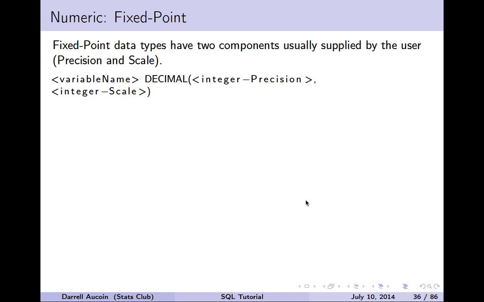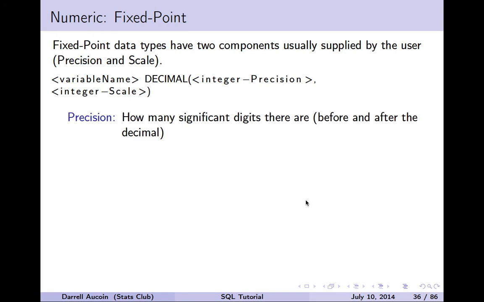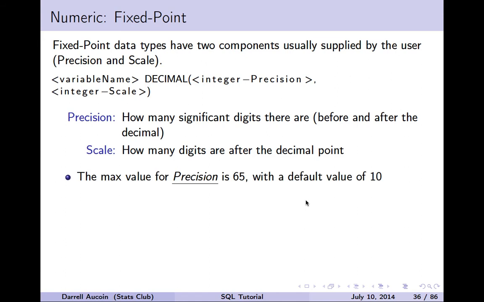You have precision and scale: precision is how many significant digits, and scale is how many digits are after the decimal. For that, I have 2.003, so I would have at least four significant digits, and 3 would be after. It would have 3 for its scale.